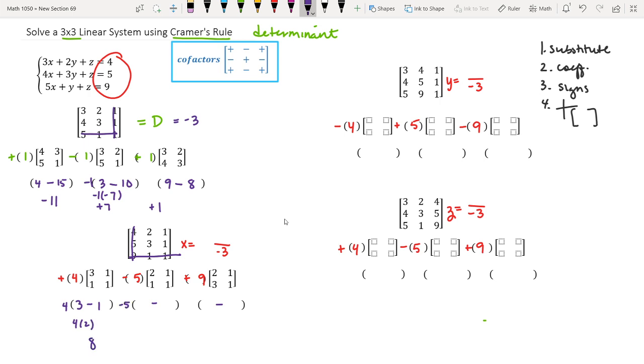Negative 5, 2, 1, which is negative 5 times 1, negative 5. 9, 2, 3. It's kind of nice. You can just fill things in. The math comes pretty quickly that way. So I'm going to have a 3 minus 9 is a negative 6. So my x is 2.